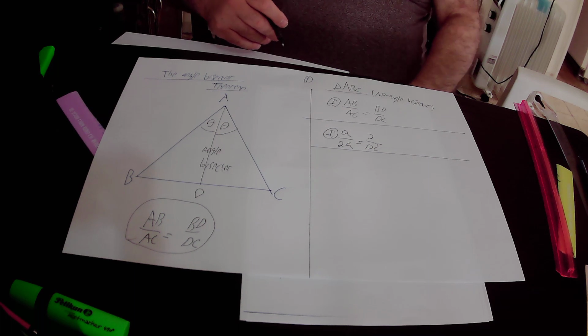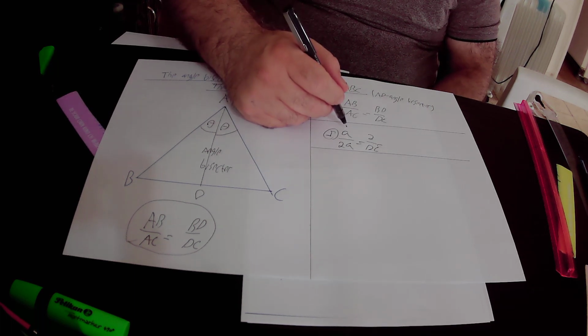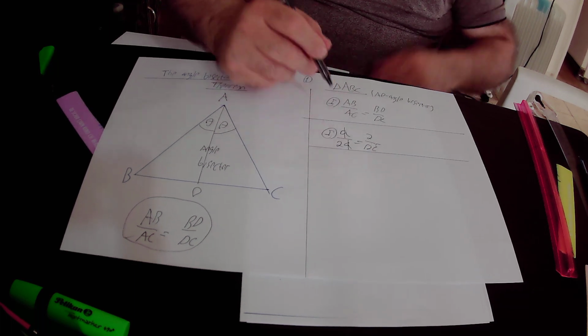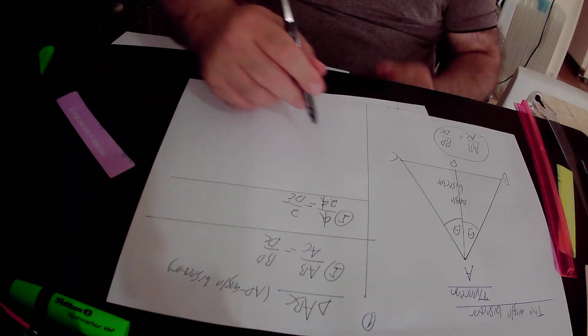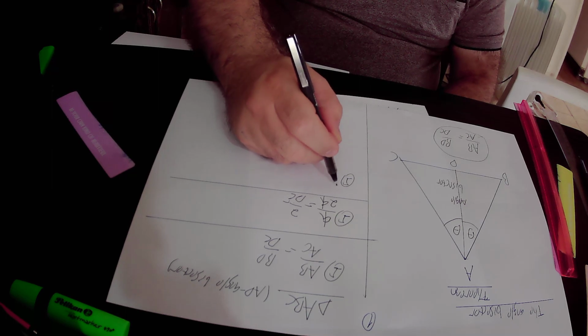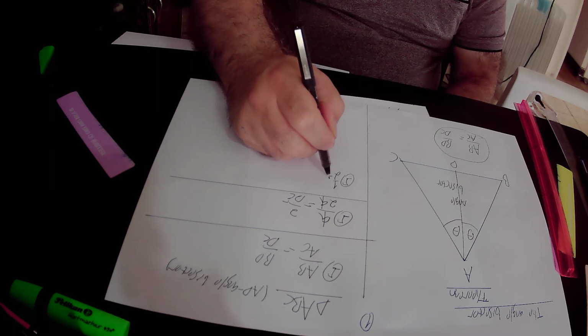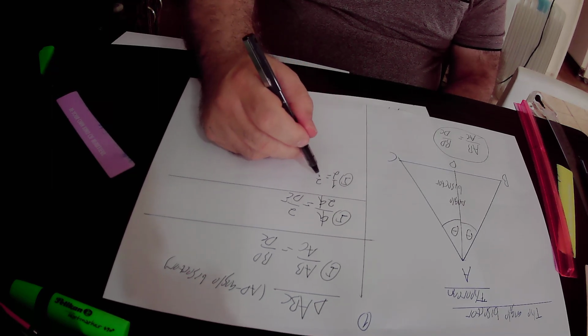A over A is 1, so A will get cancelled, and on this side of equation number 1 we are left with 1 half. According to equation number 1, 1 half equals 2 over DC.